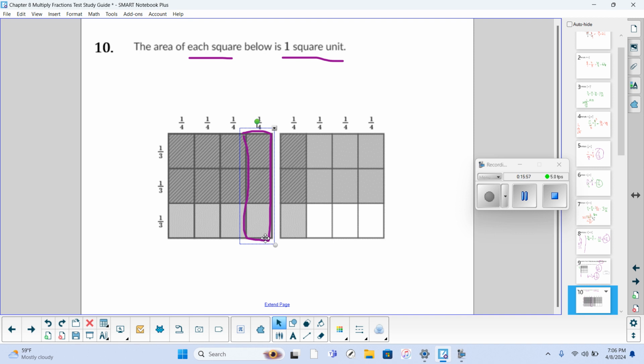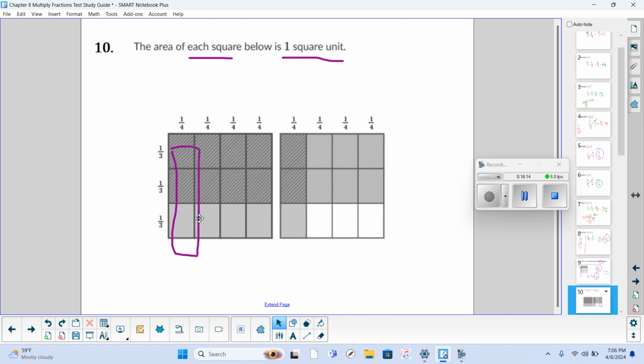Okay, so that's 1 whole. Another 1/4, another 2/4, another 3/4, another 4/4. That's another 1 whole. So this is basically 2 squares total, not shaded.